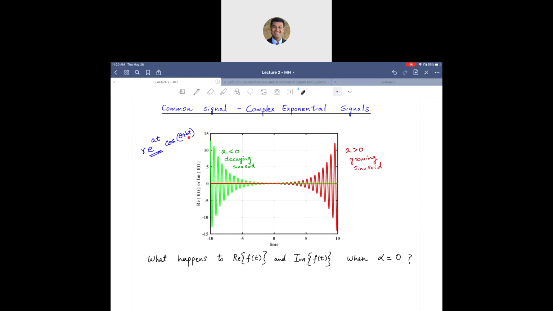By looking at the parameters inside the cosine, we can find out the time period, frequency, omega naught of that particular sinusoid that is in green. But the envelope itself is doing an exponential behavior. Same thing is true for when a is greater than 0. In this case, same functions, however, it's going to be a growing sinusoid. Still an exponential envelope, and the frequency of this is related to the parameter of the sinusoid.